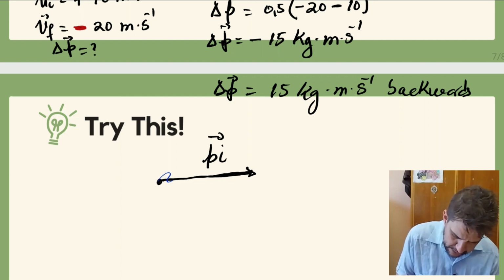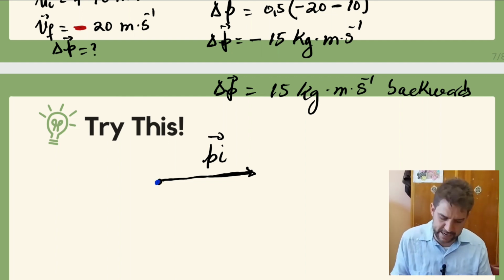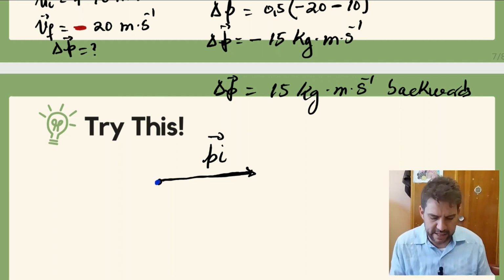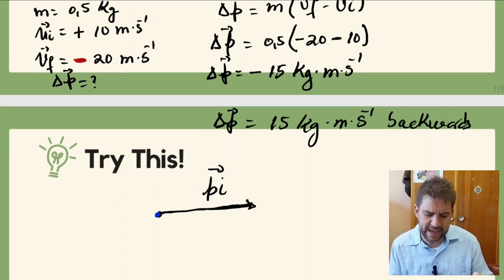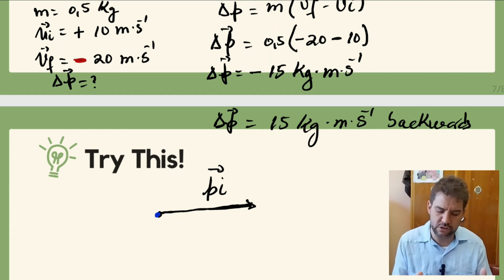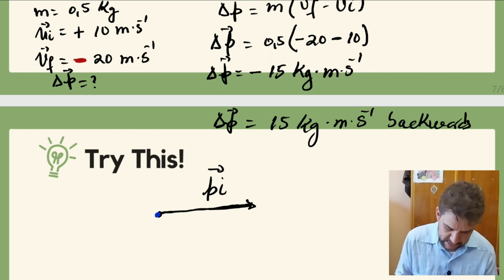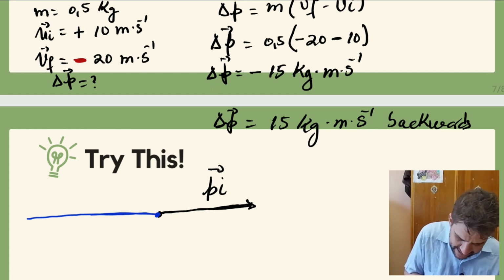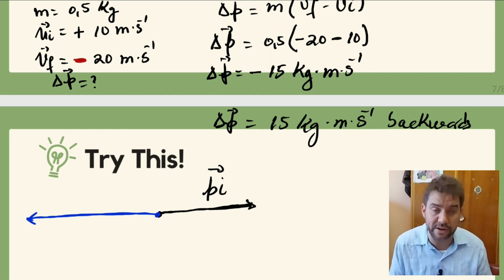So from here, I'm going to start in the opposite direction. If you keep the length of the vector as a reference, the initial would be half the final according to the data, because the velocity is double. So this one is obviously a longer vector, and we started from the same point always.